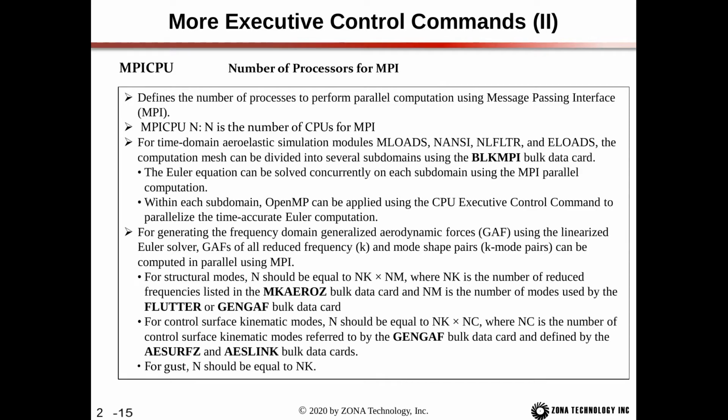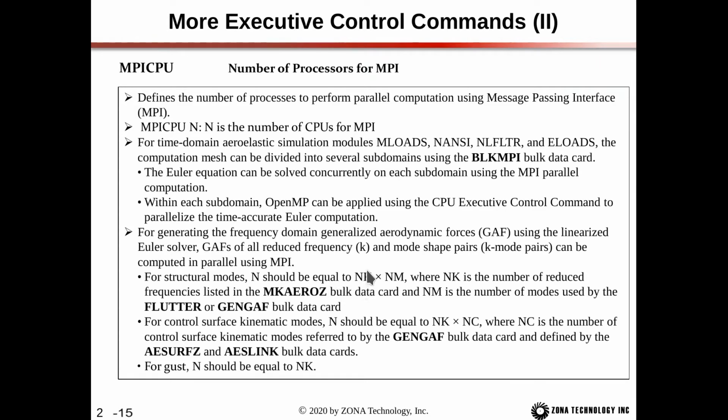Now for generating the frequency domain generalized aerodynamic forces using the linearized Euler solver, the GAFs of all reduced frequencies K and mode shape pairs, which we call K-mode pairs, can be computed in parallel using MPI computation. So this is an embarrassingly parallel computation.